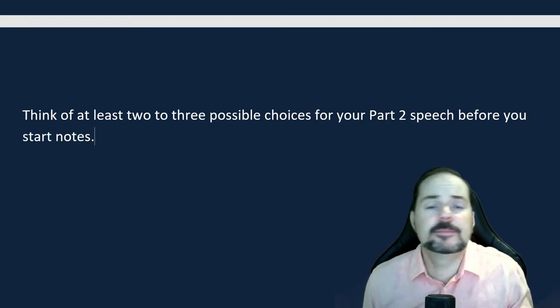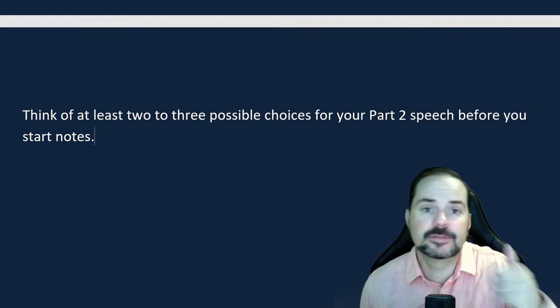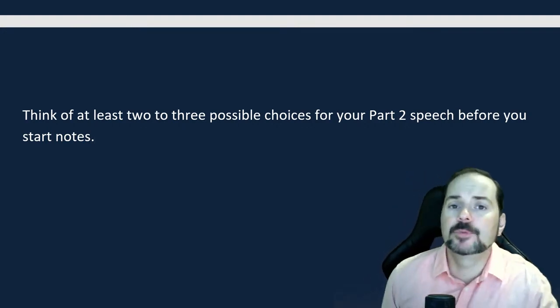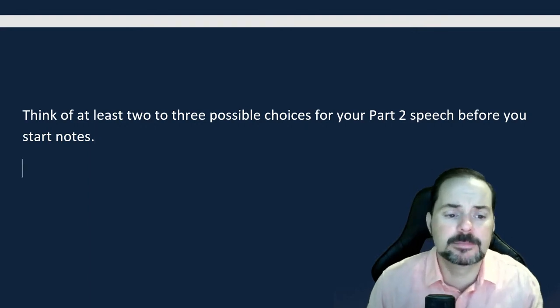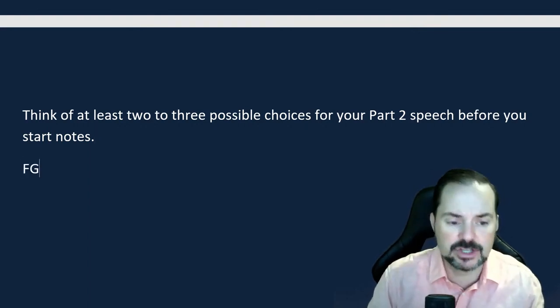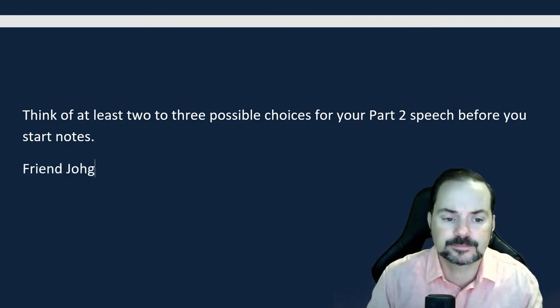So I thought about my friend John. John is creative. That's fantastic. But it's good to think of at least a couple people. So for me, let's say friend John, graphic designer.